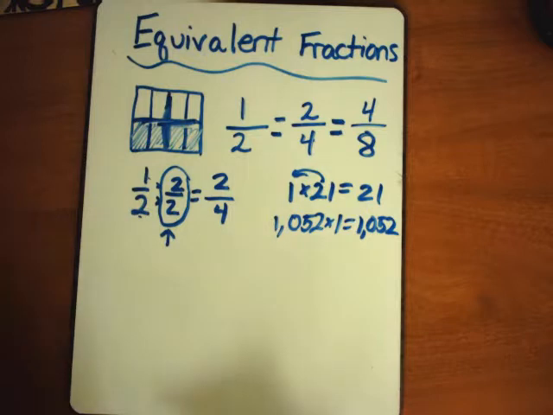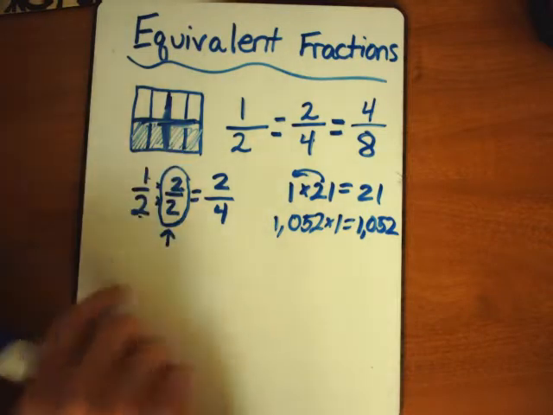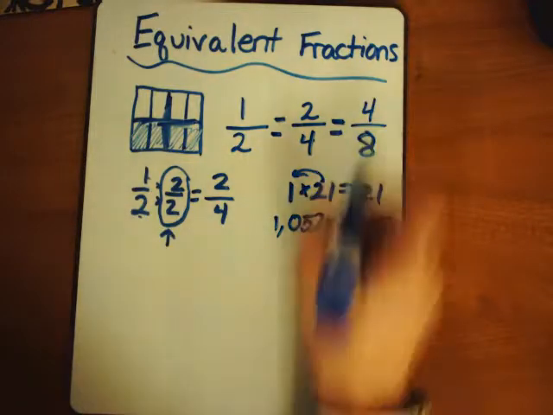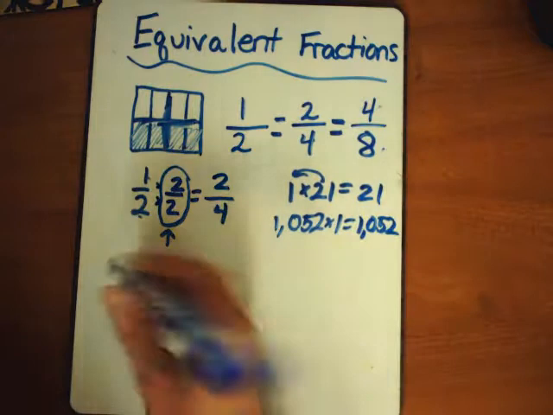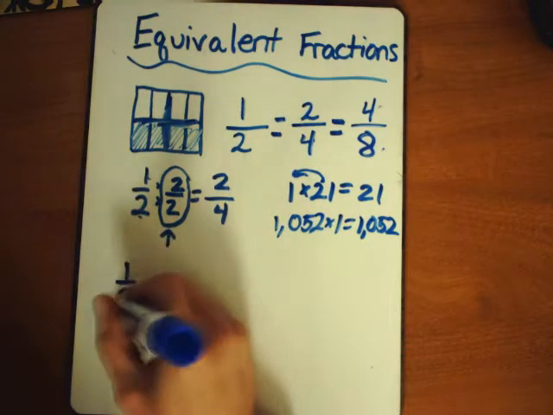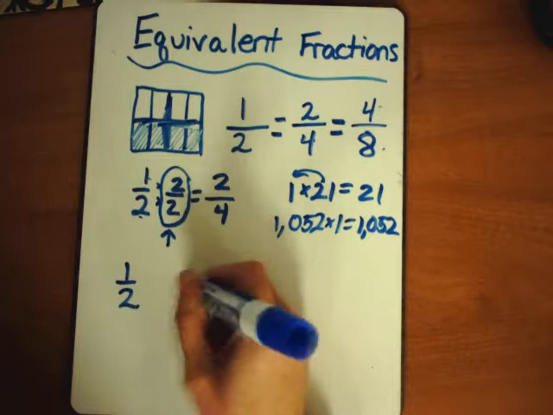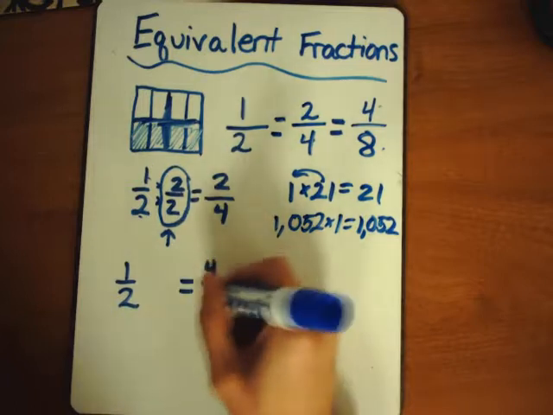But oftentimes when we're adding and subtracting fractions, it's important that we get the same size pieces, and we might need to convert and make equivalent fractions in order to do that. Okay? So again, let's take a look at what we did to get 4/8. We had 1/2 to start with, and we know it's equal to 4/8.